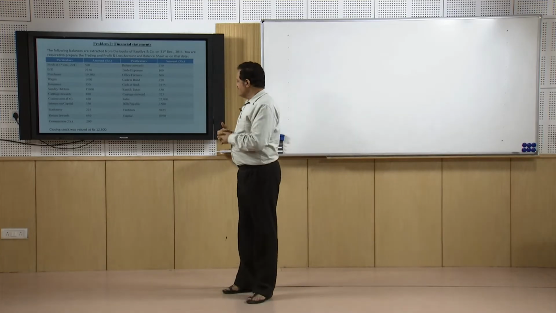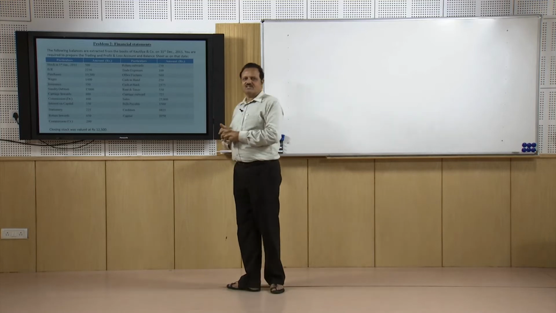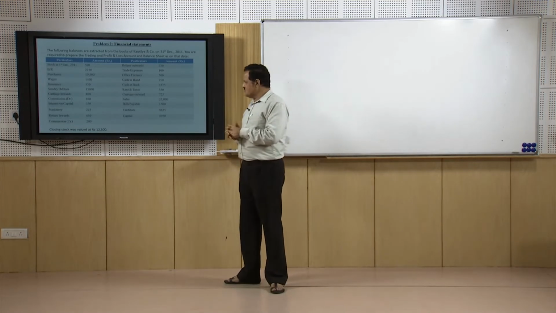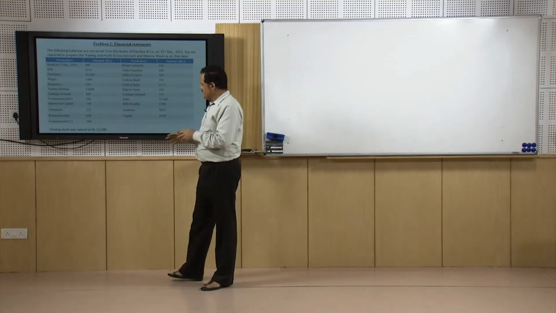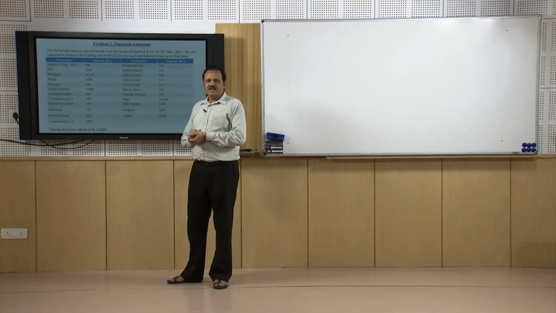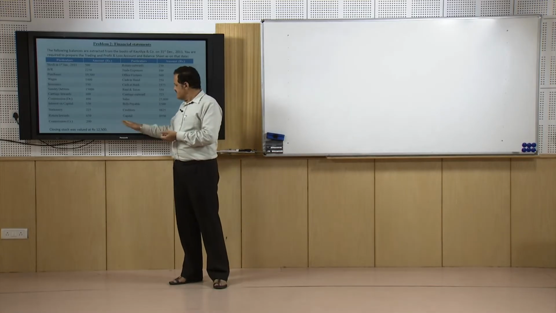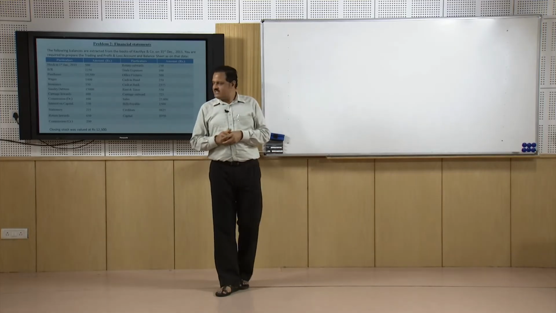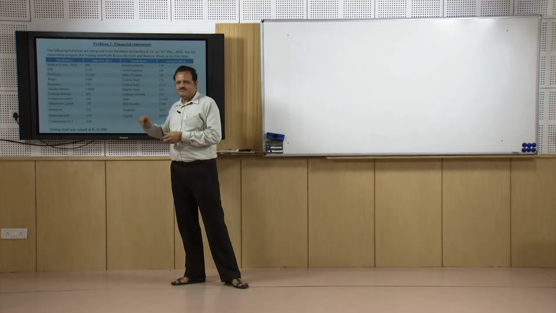Now, how to treat that extra information. In the last part of my discussion I was telling you that here is one item, say, closing stock, which is given outside this statement.